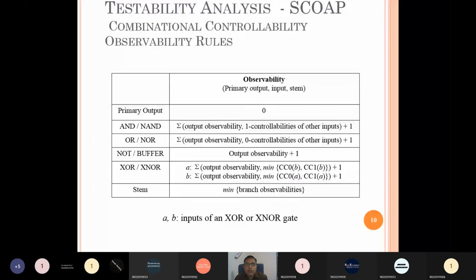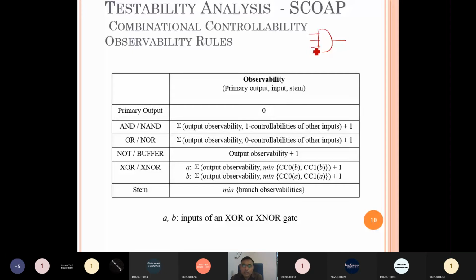Now we'll see the combinational observability rules for the different logic gates. Right? So let me look at the AND and NAND first. Suppose this is an AND gate, and it has three inputs.